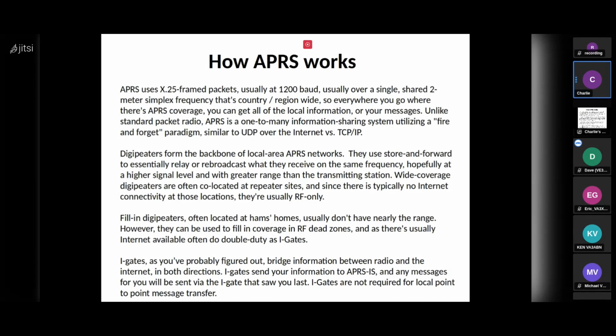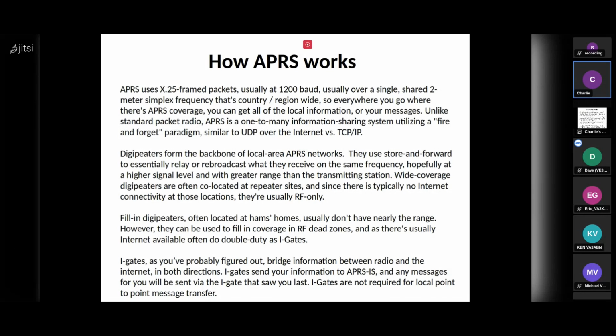And I mentioned iGates earlier. You probably have figured out that iGates bridge information between radio and the internet in both directions. So when I send a packet that gets picked up by an iGate, it forwards it to an information server called APRS-IS.